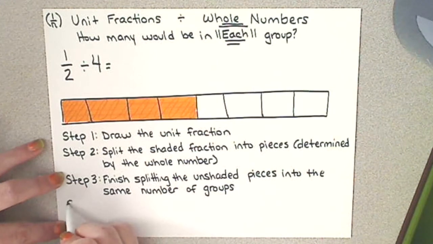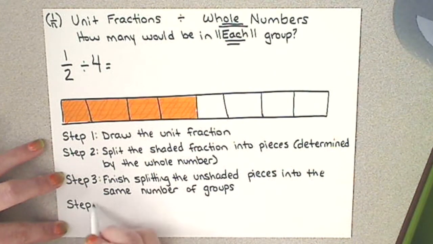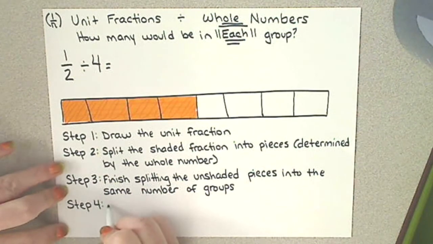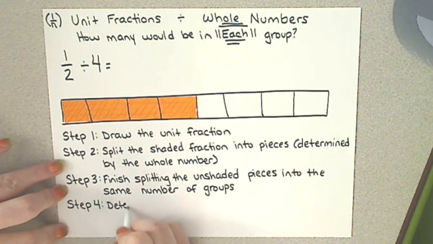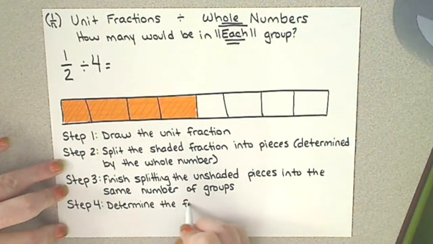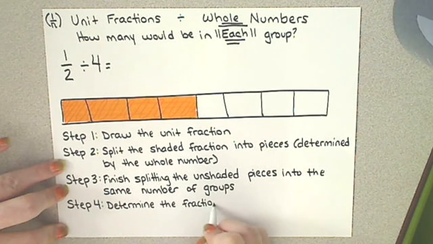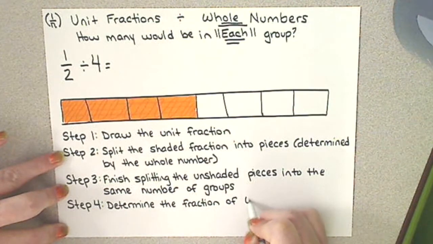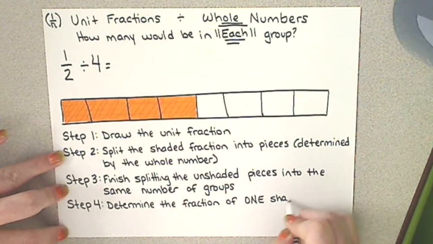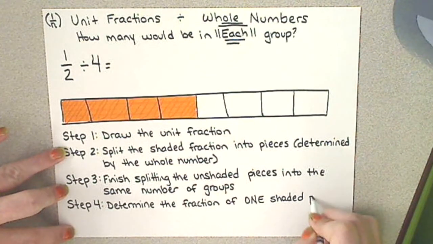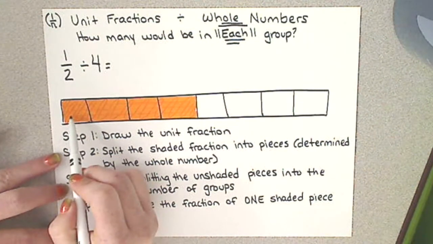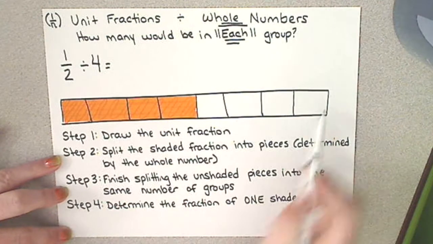Now, step 4 is to determine the fraction of 1 shaded piece. Okay. So I now have 8 pieces in all.